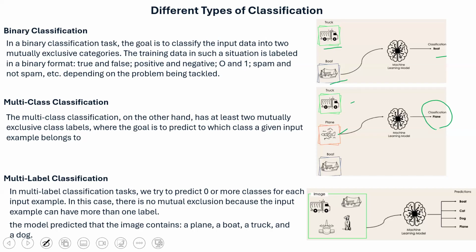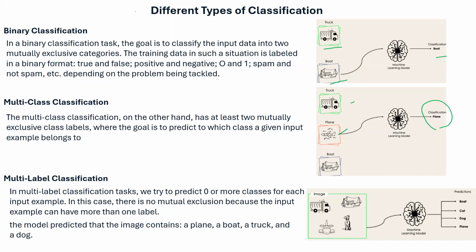At least two mutually exclusive events, where the goal is to predict which class a given input belongs to. The difference between binary and multi-class is that binary means only two classes in the data, while multi-class means three or more classes in the data.